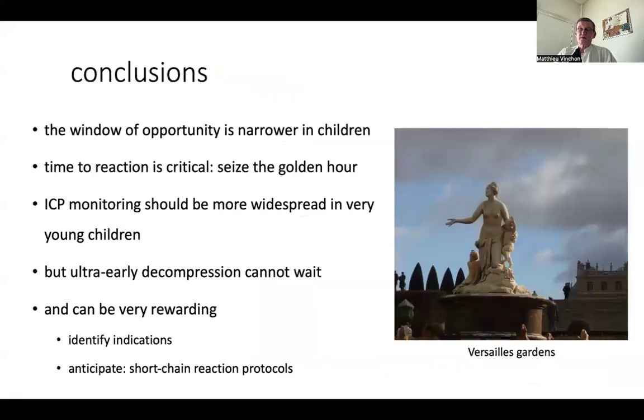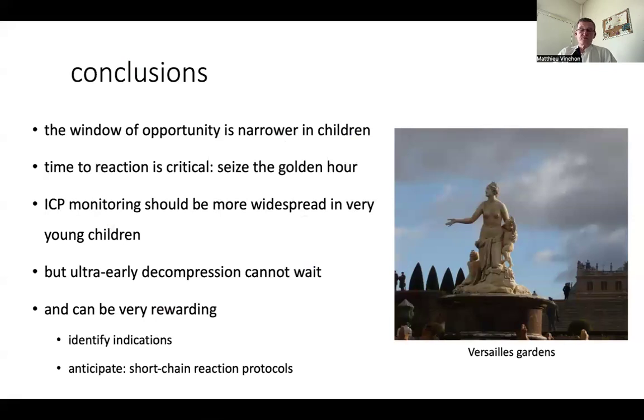So in conclusion, the window of opportunity for salvage surgery is narrower in children than in adults. The time to reaction is critical. It's important to seize the golden hour before the weather becomes bad. ICP monitoring should be more widespread in very young children, and it should be very early.